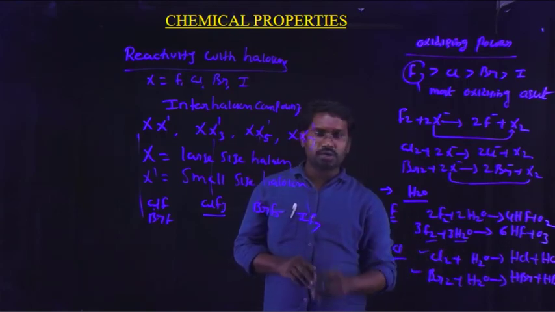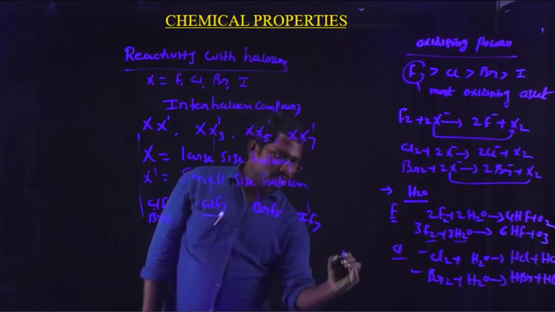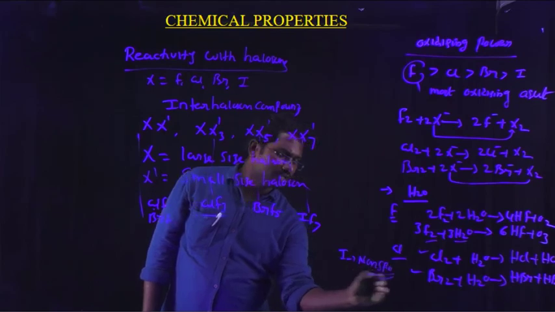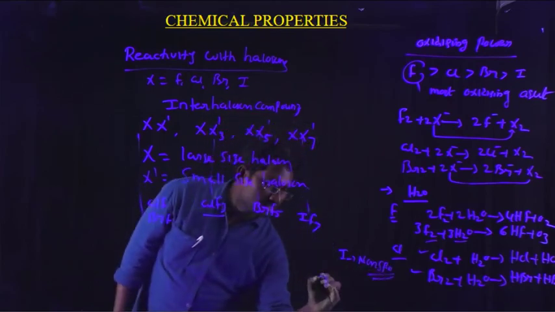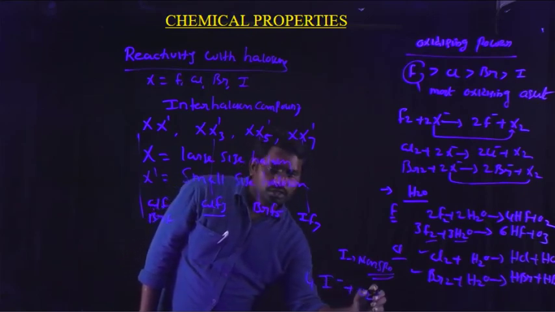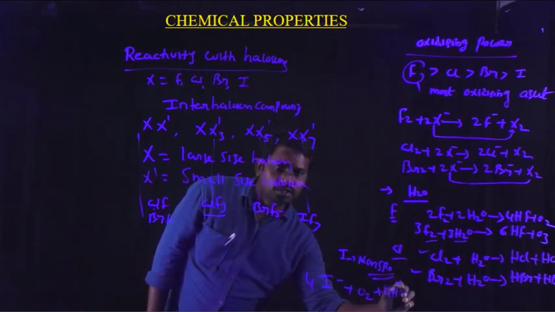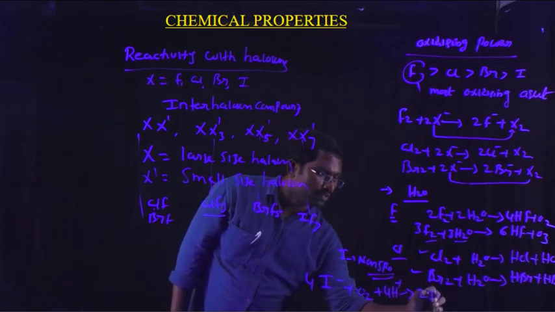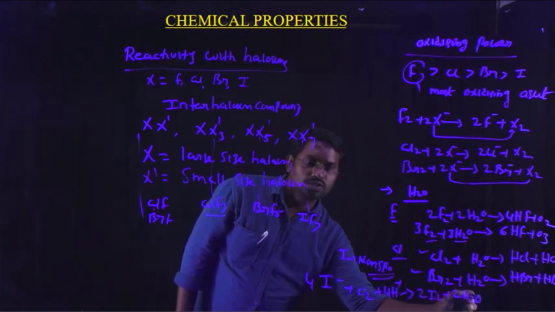But what about iodine? The reaction of iodine with water is a non-spontaneous reaction. But iodide ions can be oxidized into iodine in presence of oxygen in acidic medium, giving rise to 2 moles of iodine plus 2 moles of water.